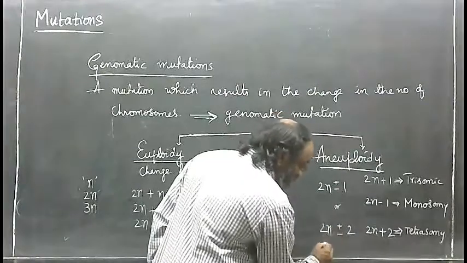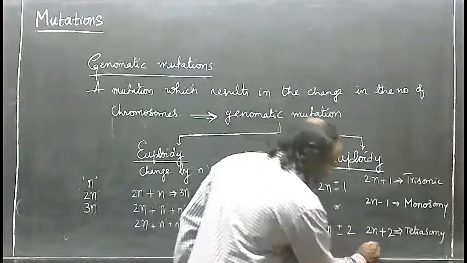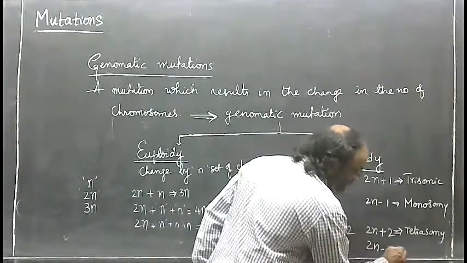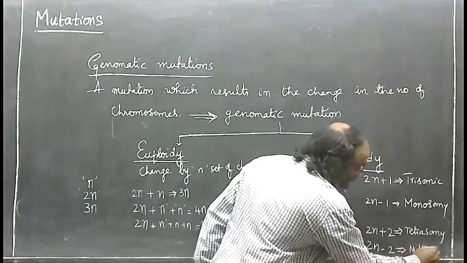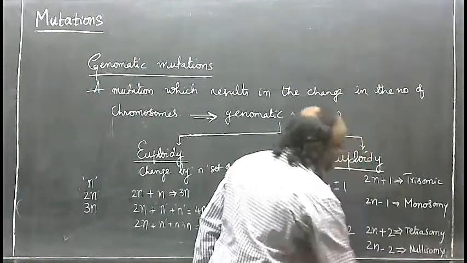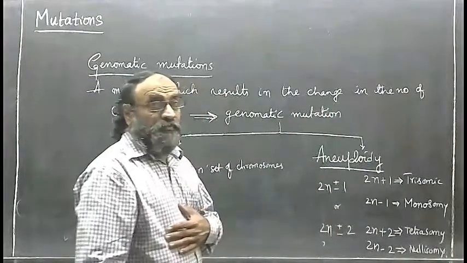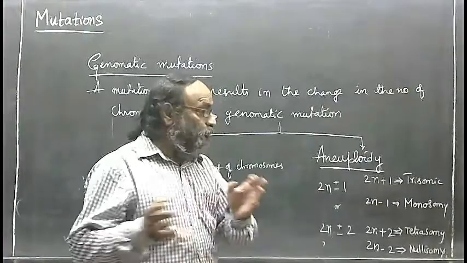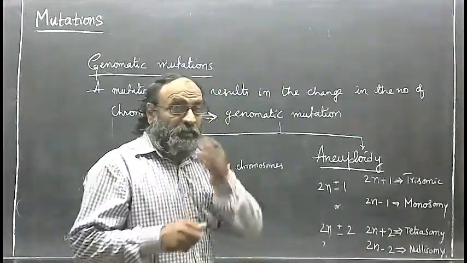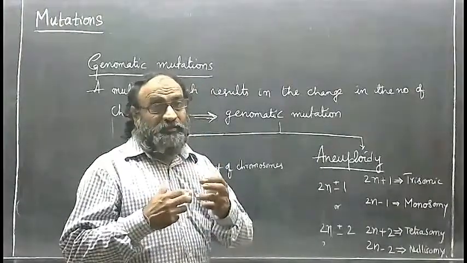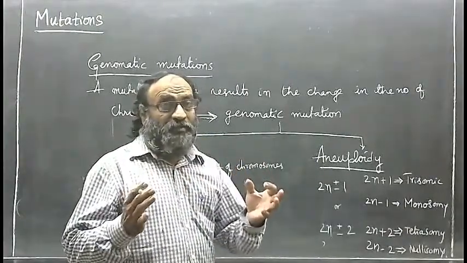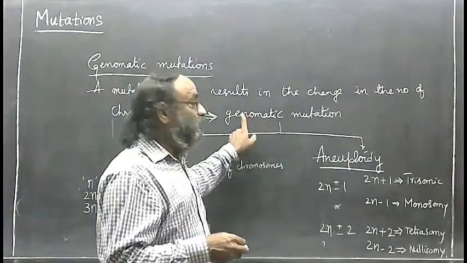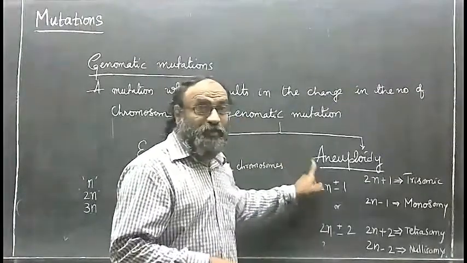If it is 2n minus 2, it is called nullisomy or nullisomic condition. So the existence of trisomic, monosomic, tetrasomic, nullisomic individuals in the population indicates genomatic mutations due to aneuploidy.